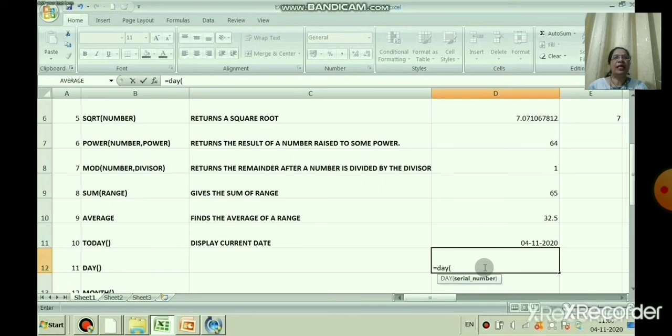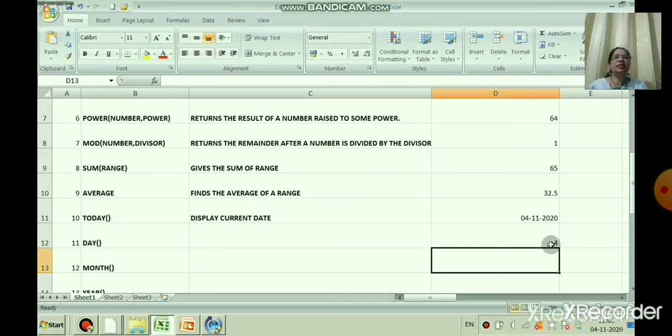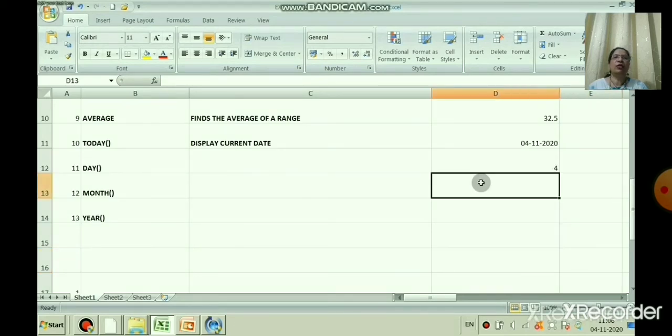Same thing, day. I want to find out today's day. So what I will do: DAY is a function, is equal to DAY, but of today's date, so I am writing TODAY. Here can you see today's day is 4, right, it is a date. Same thing, month. How will you find out the month?